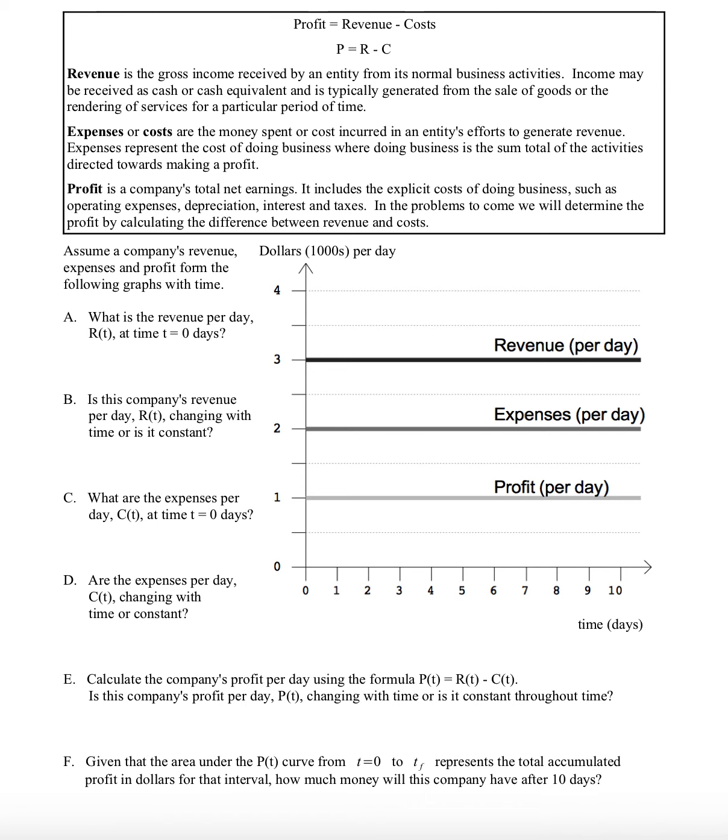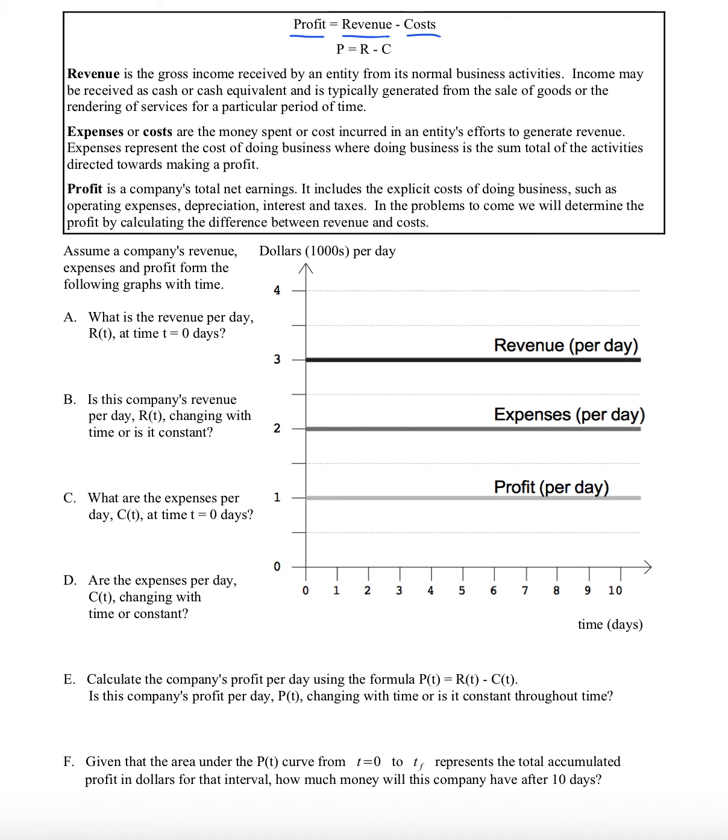Now, if revenue goes up, then profit should go up. If costs go up, profit should go down. So the formula that we have for this is profit equals revenue minus costs.